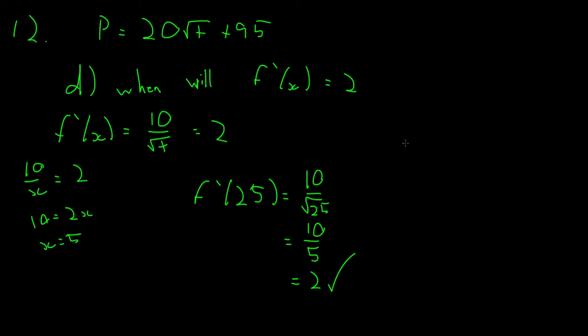We'll just write a worded answer. Therefore, after 25 weeks, the instantaneous rate of change will be 2 mice per week.